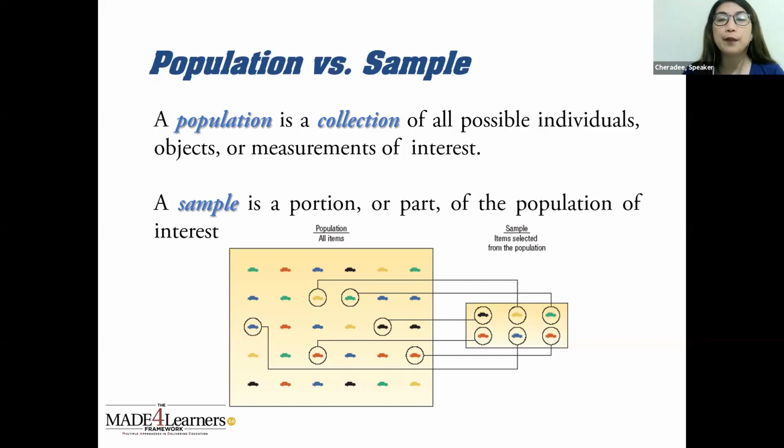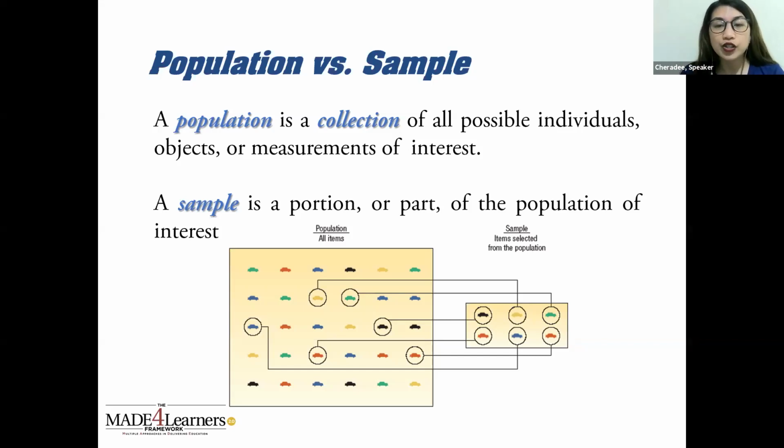Another example: you want to know the number of COVID cases in this hospital. If you're going to get all the data from this hospital, it's population. But if you're going to get a sample of, let's say, 50 cases from each hospital in Cebu, that's a sample.